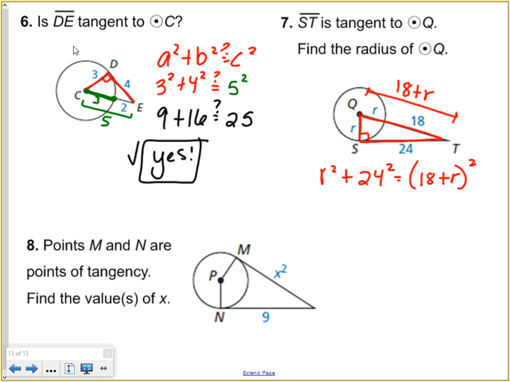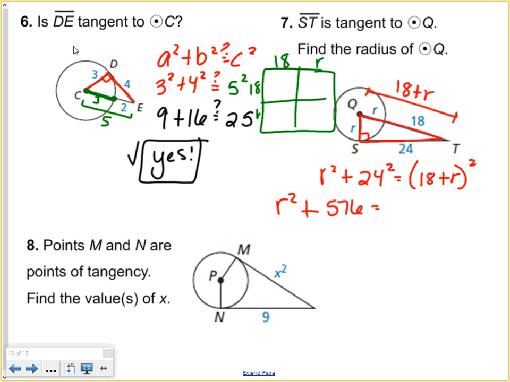R squared is just r squared, which will eventually go away. 24 squared is 576. Now (18 plus r) squared. Here's 18r, here's 18r, here's r squared. 18 times 18 is 324.